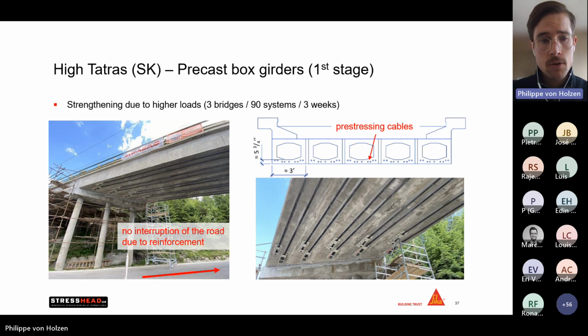And it was mandatory from the client that we did not interrupt the traffic here below this bridge during the whole tensioning process. As well, in this case, you can see a lot of pre-stressed cables in those box girders. For this reason, we designed 2 special anchor parts.